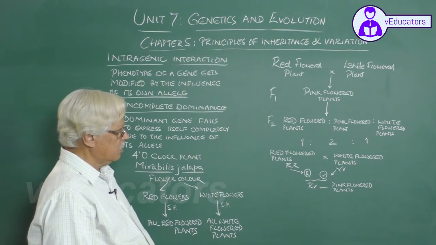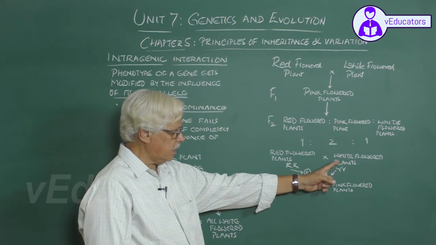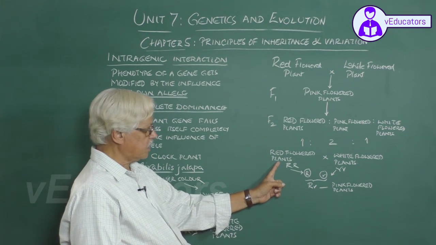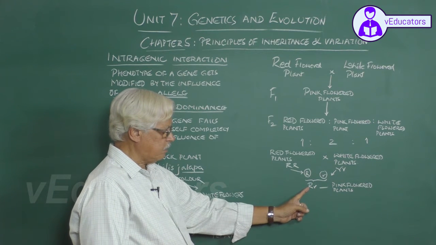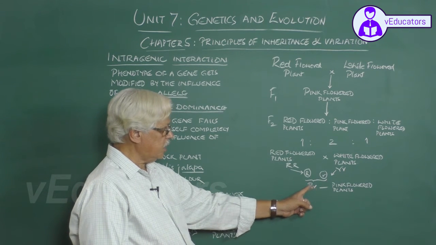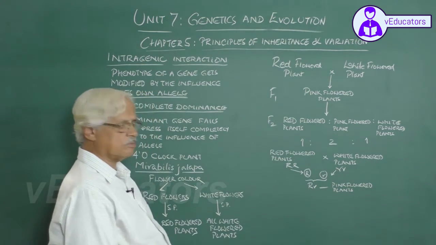But here the white flowered character allele influenced the dominant character. So when they are together, capital R cannot dominate over small r. Therefore, an intermediate condition, pink flowered condition, resulted.